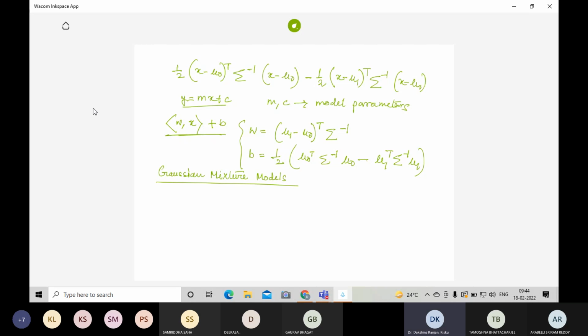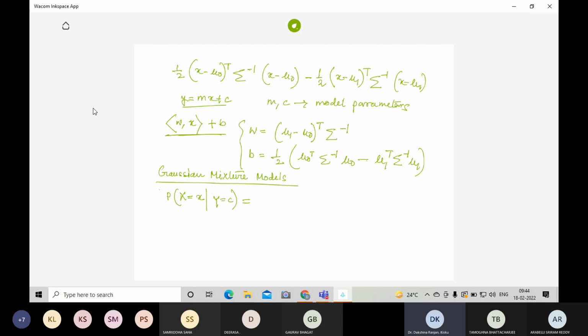Now suppose for each class C the likelihood function, probability of x equals small x given the class information C, is a mixture of Gaussian densities.